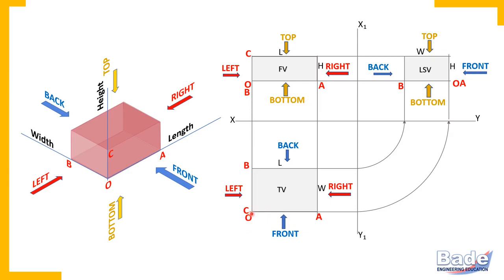So C point is this corner in the top view. So in top view, corners O and C coincide or overlap. And this edge OC appears point in the top view. It's vertical edge perpendicular to HP. And you know that when line is perpendicular to HP, it appears point in the top view. So this corner is actually edge OC.